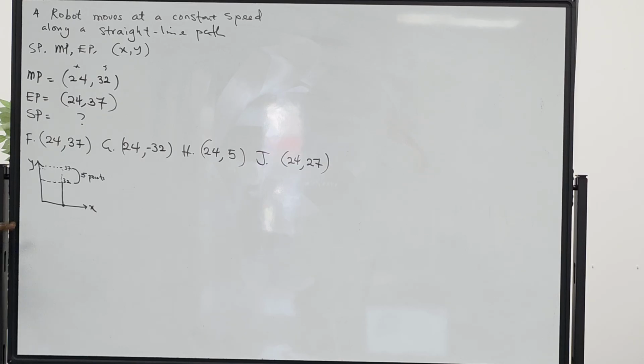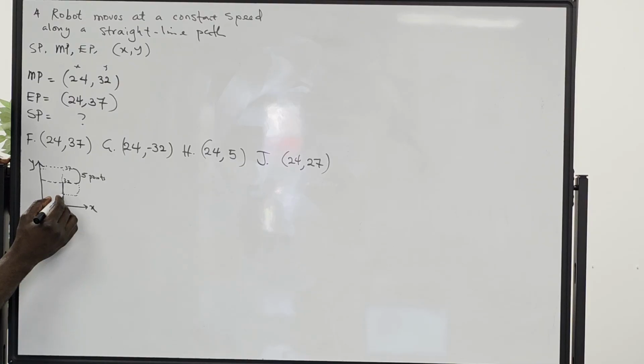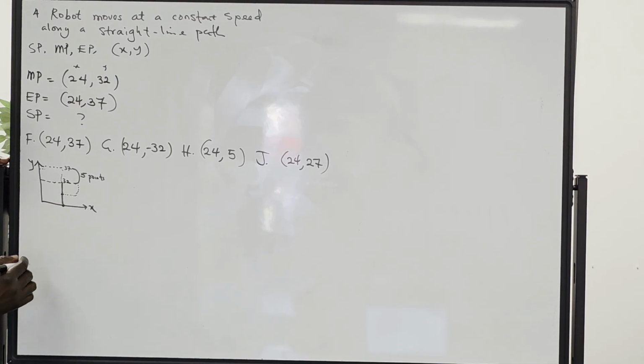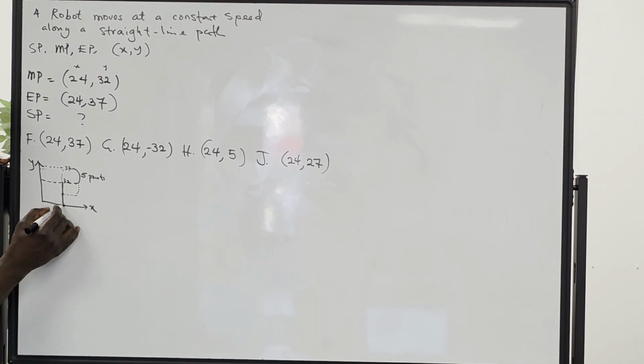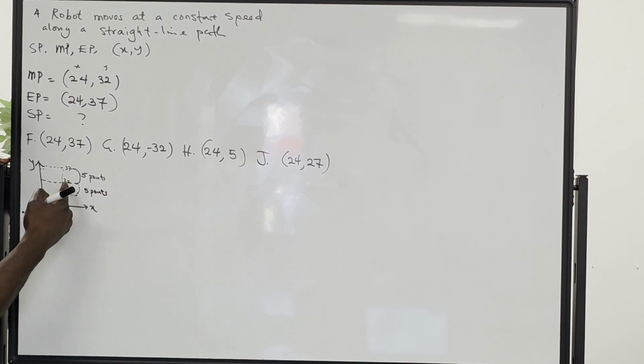So it means that this robot is not really moving this way. The robot is going up that way, probably flying up, I don't know. But it means that the starting point is going to be 5 points down. The robot is still in the same position, it's just coming down. If you go down 5 points, 32 minus 5 is 27.